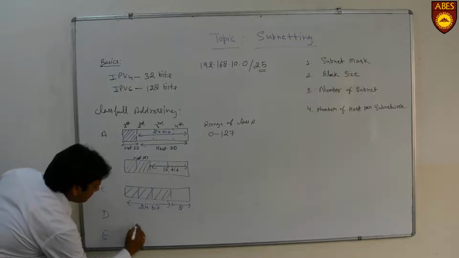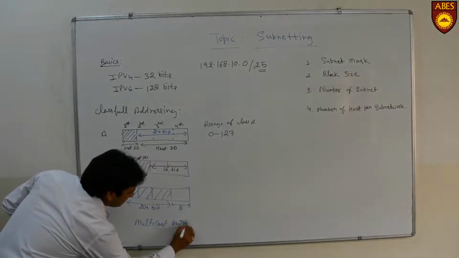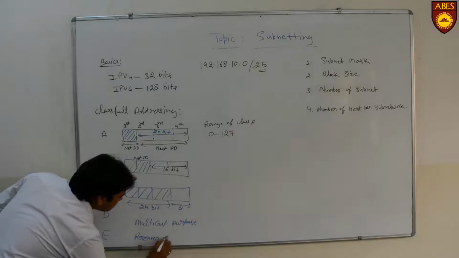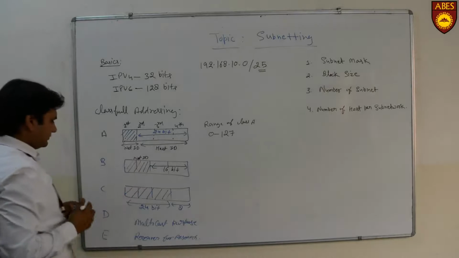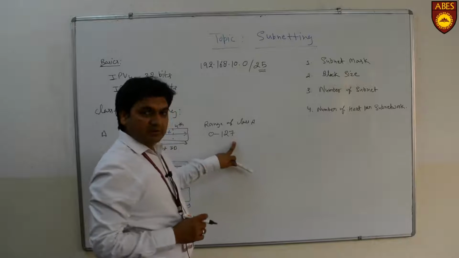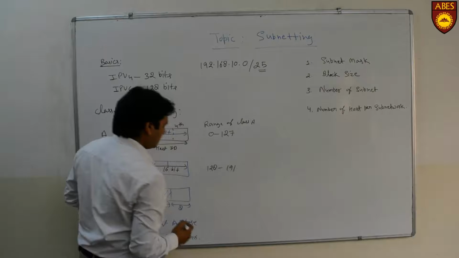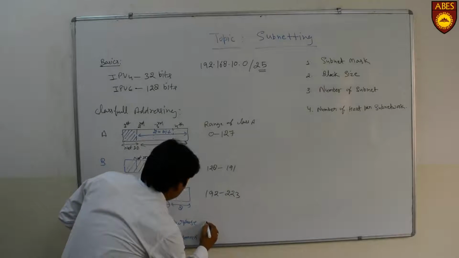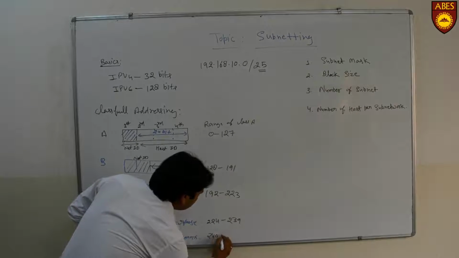Class D is used for multicast purposes, and class E is reserved for research or future purposes. The range of class A is from 0 to 127. Class B ranges from 128 to 191, class C from 192 to 223, class D from 224 to 239, and class E from 240 to 255.